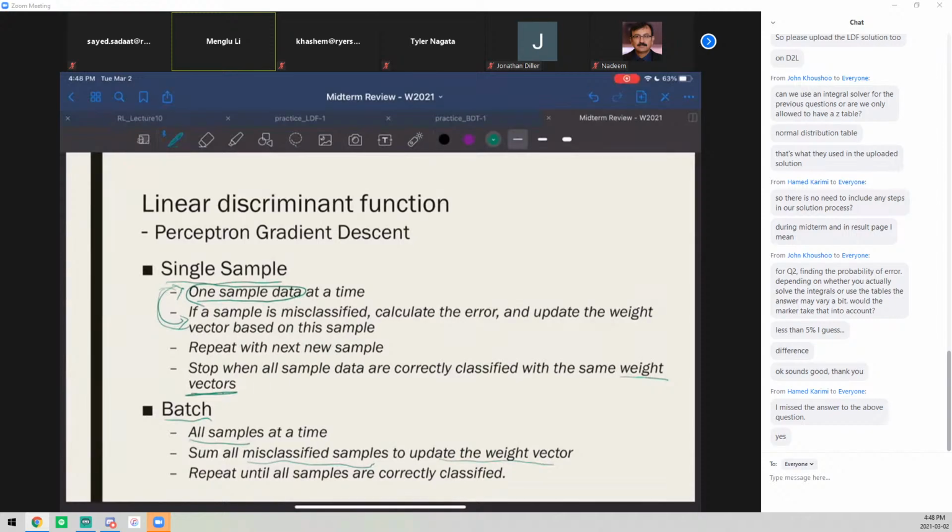We base it on all misclassified samples. That's the difference between single and batch. And just repeat until all samples are correctly classified. The stop condition is the same for both methods. Okay, you guys need to know what is single sample and batch.